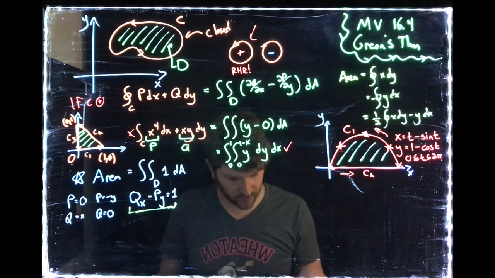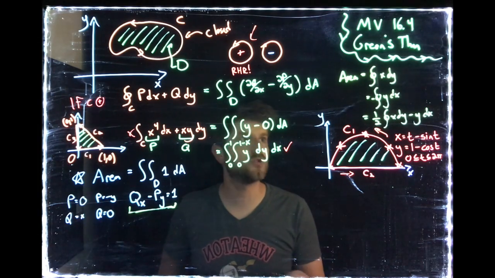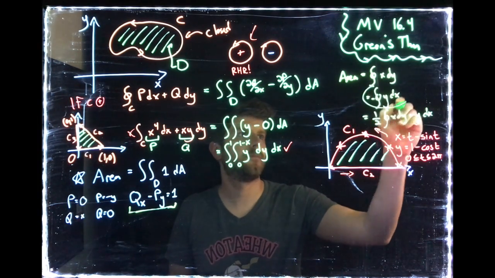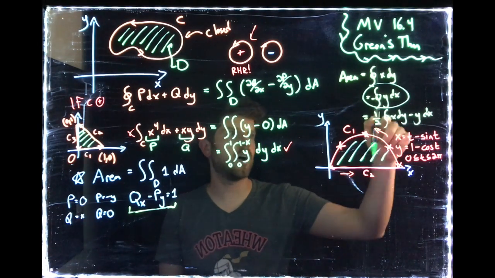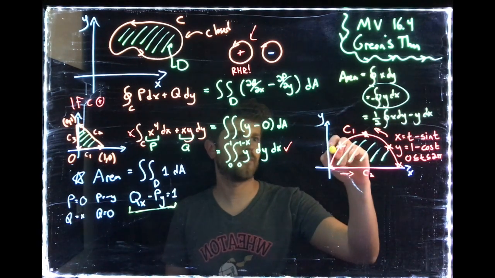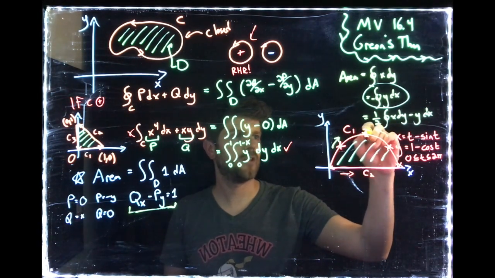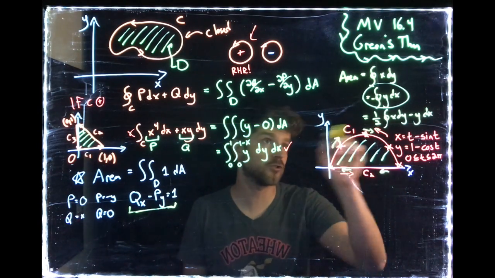Oh, I remember why I actually drew it the correct way. So I actually was right the first time. We're going to go backwards around our loop. The reason is it's easier to calculate the line integral for increasing t.